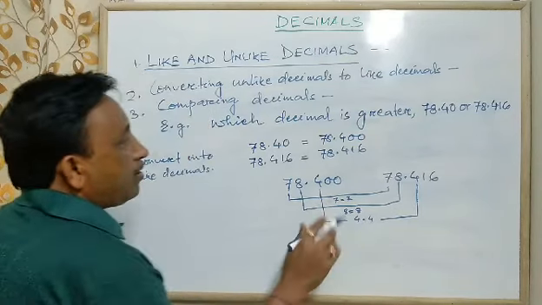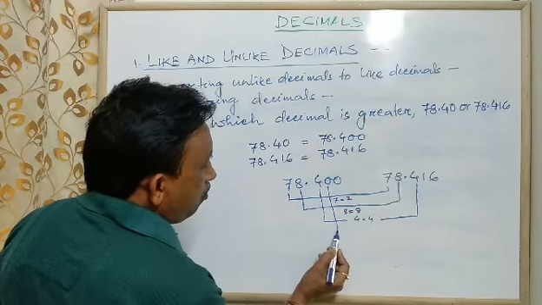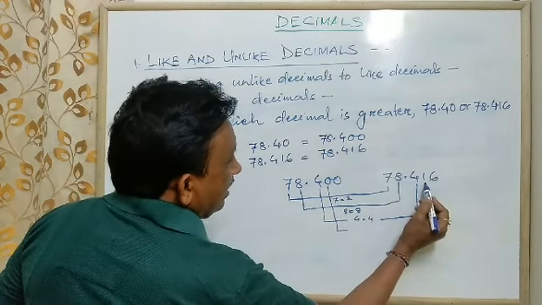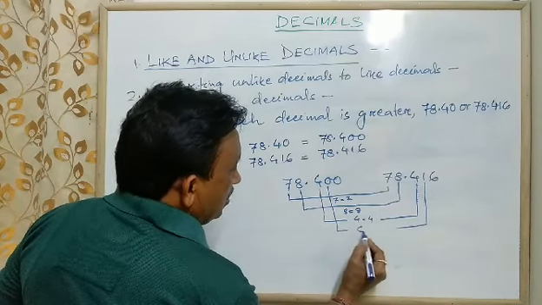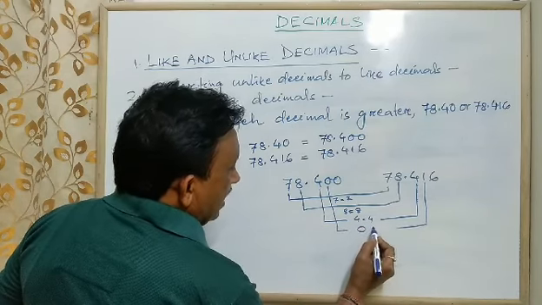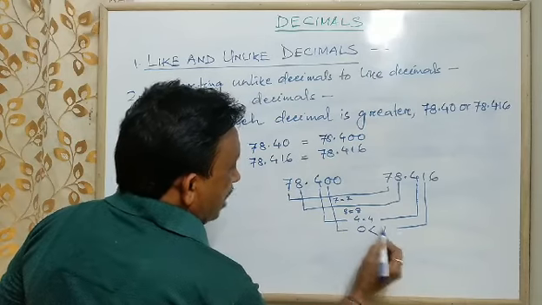I am not able to find out which one is greater. Now here you see it is 0 and here it is 1. So 0 is less than 1.